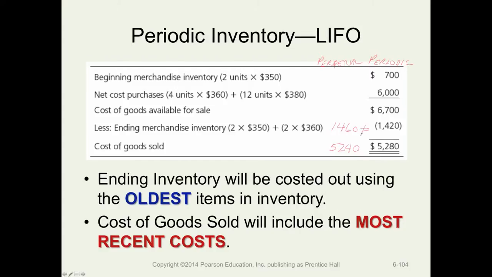So it's not the same. LIFO perpetual does not give you the same results as LIFO periodic. And the difference is because we wait until the end of the period to calculate cost of goods sold and ending inventory in the LIFO basis, whereas perpetual, cost of goods sold is calculated after each sale.